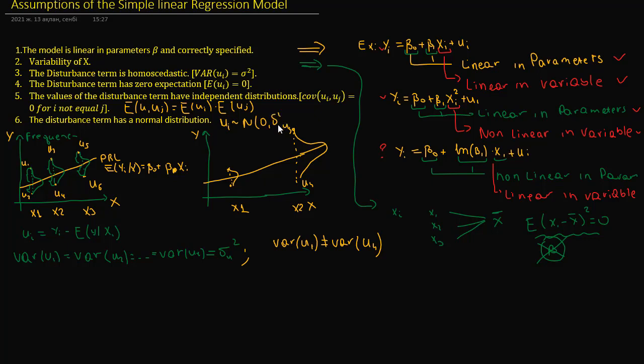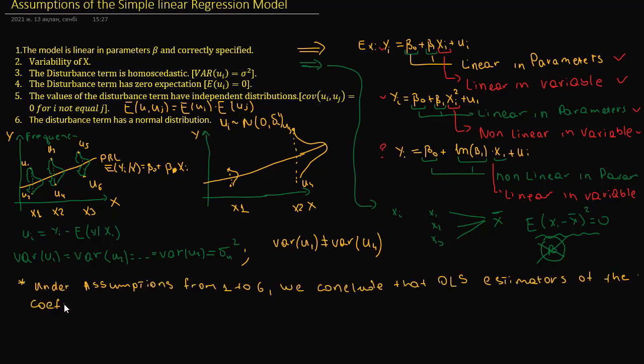And we can make this conclusion: if assumptions 1 to 5 hold, under assumptions 1 to 6 we conclude that the OLS estimators of the coefficients are BLUE.